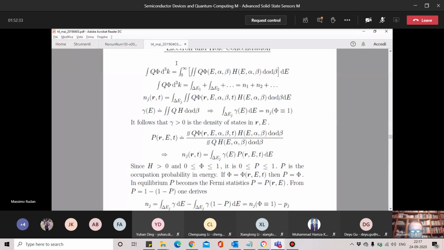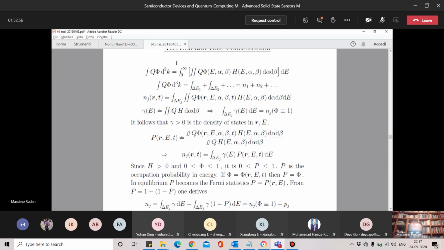The concentration of the electrons in a band can be obtained by integrating over the energy of the band the combined density of states gamma times the probability of occupancy of the state E, that is indicated with P.